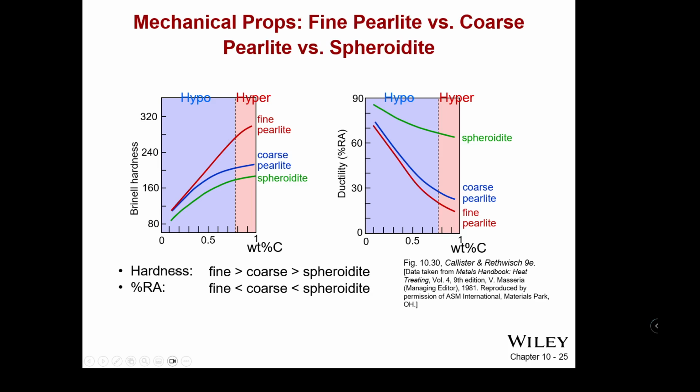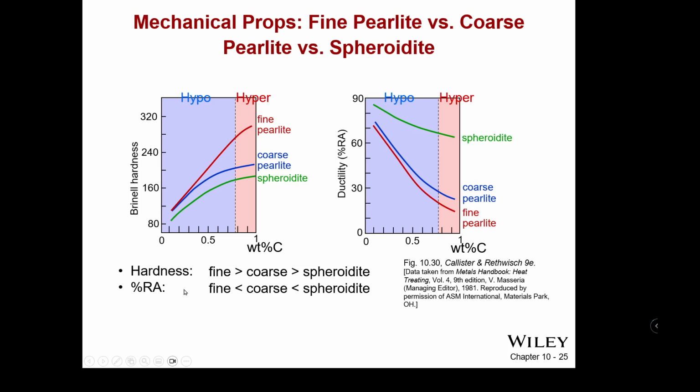So the hardness goes fine, coarse, spheroidite. The percent reduction in area as it's stressed in tension is fine is less than coarse is less than spheroidite. So it goes the opposite direction.